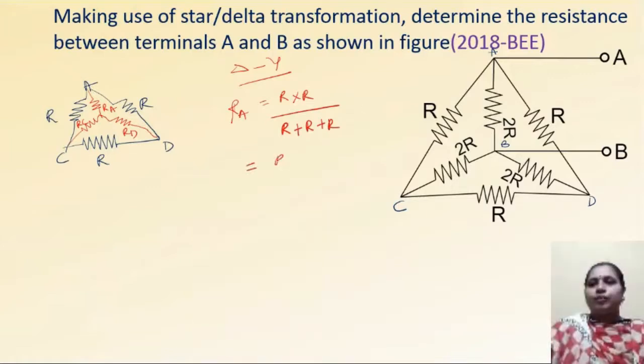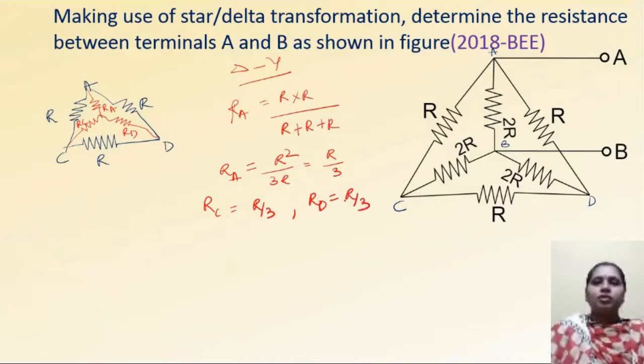So it will be R square by 3R, which is equal to R by 3. This is the value of RA. Similarly, RC will also be R by 3 because the same value of resistors are connected, and RD is also R by 3. So these are in ohms.